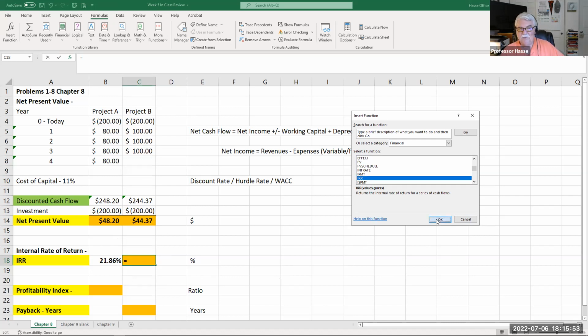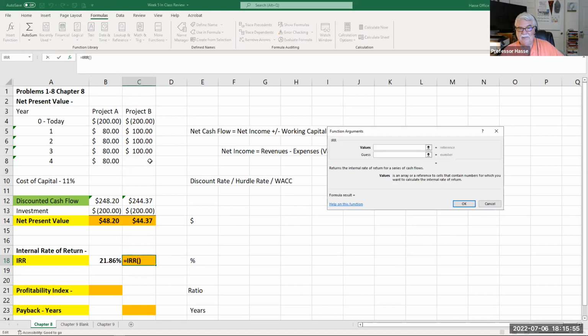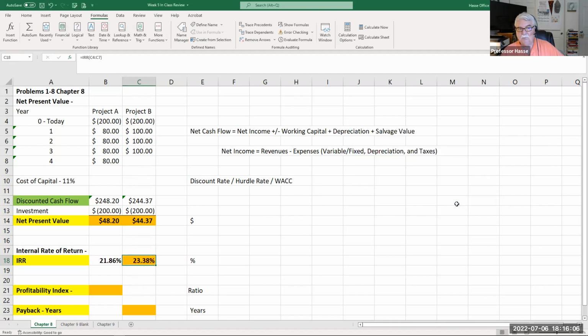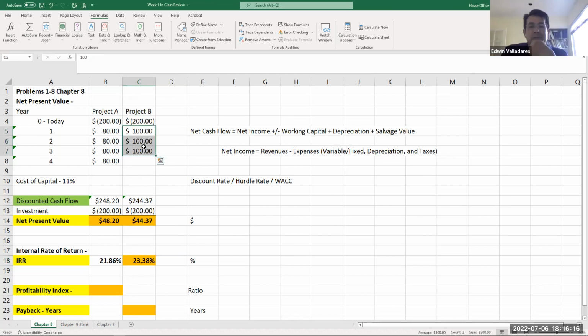Okay. So if I do that for Project B, again, year 0, in this case to year 3, you're going to be shown something a little bit interesting. The answer is 23.38%. Why? We're getting the money quicker. Shorter span of time.